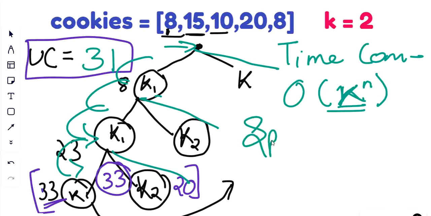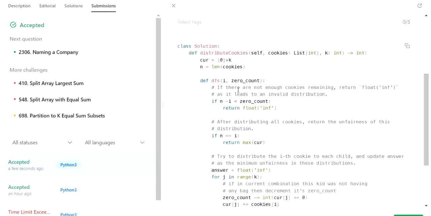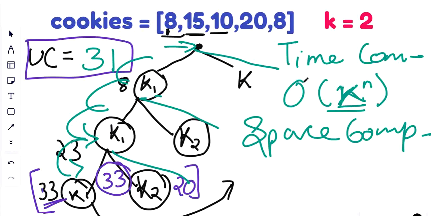Now, what will be the space complexity? Please bear with my handwriting. As we use a distribution list, the current set as we saw in the code, for maintaining the distribution count, this is of length k, so that will be big O of k.